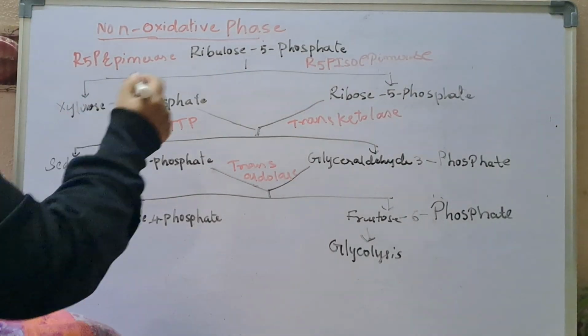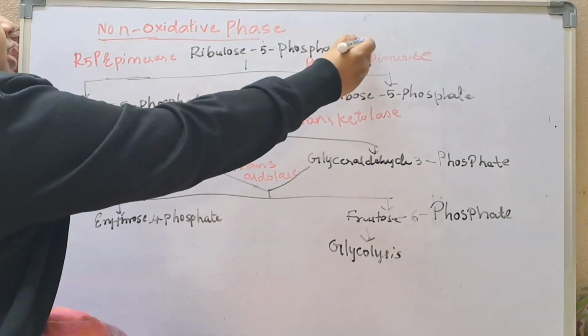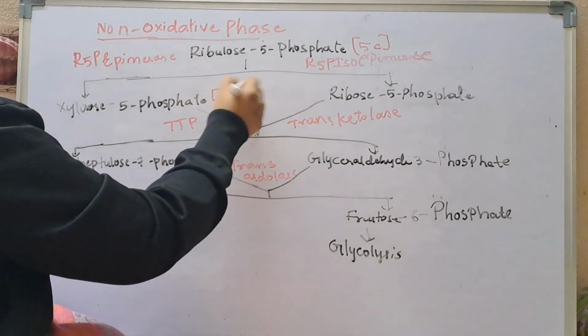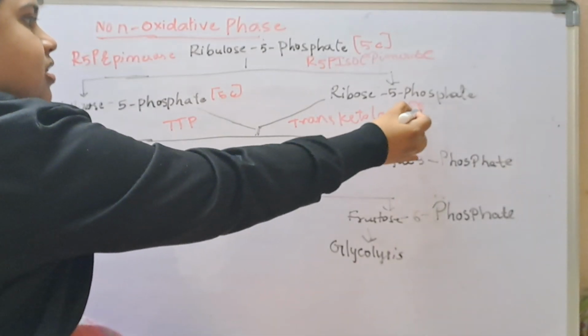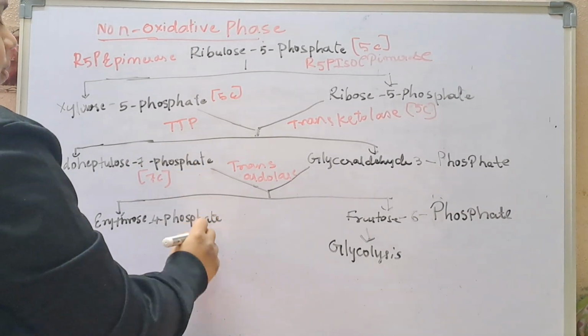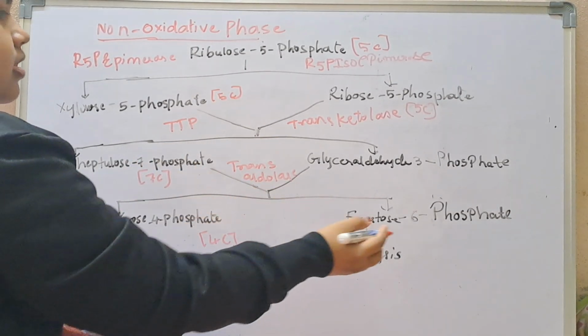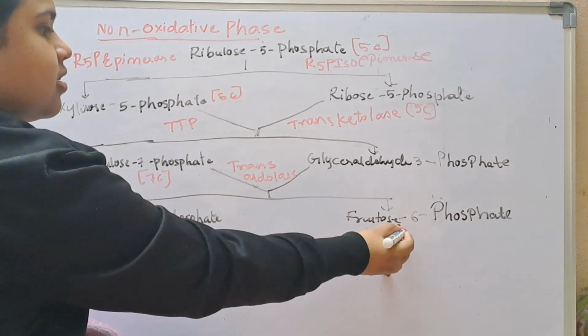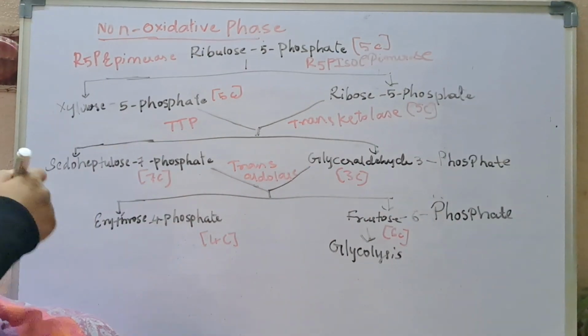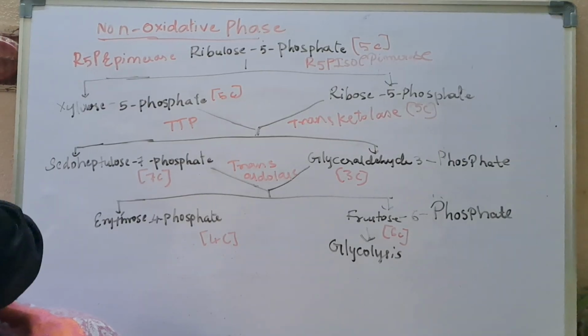And what are the carbons involved here? Here 5 carbons, 5 carbons, 5 carbons, and here 7 carbons, 4 carbons, 6 carbons, 3 carbons. So this is how you have to remember the non-oxidative phase.